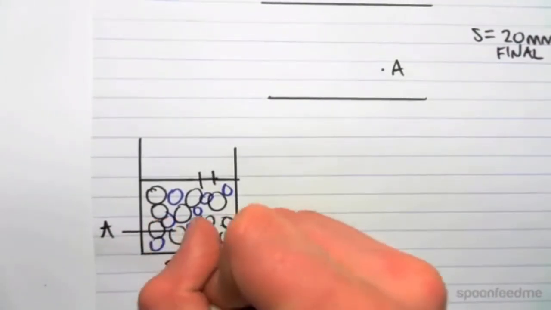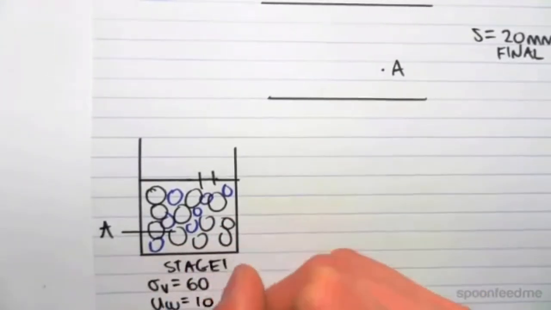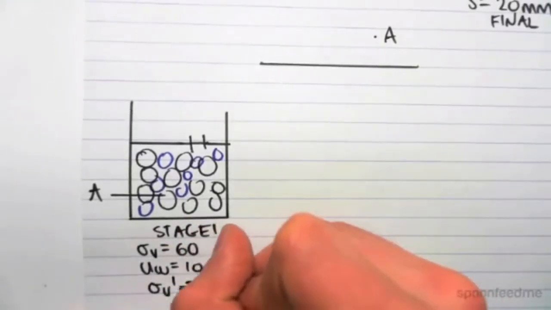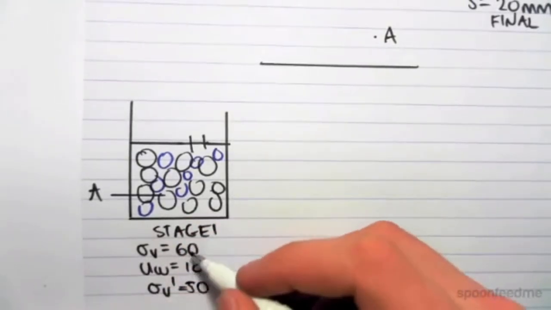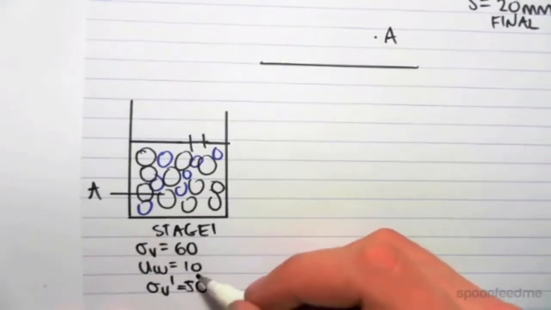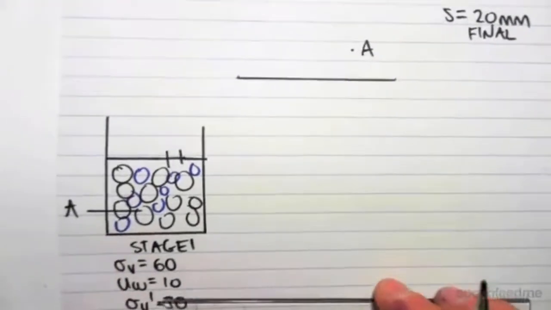Let's say that the total stress is 60 kPa, the pore water pressure is 10 kPa, and the effective stress is 50 kPa. Once again, the total stress is the addition of the pore water pressure plus the effective stress, where the effective stress is what the soil particles are actually feeling. Now, this is at stage 1.